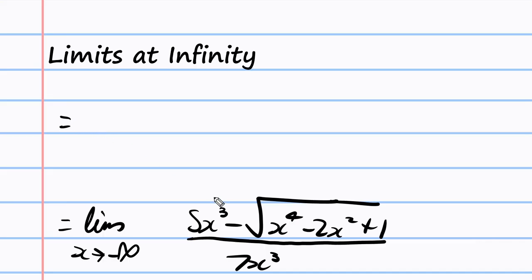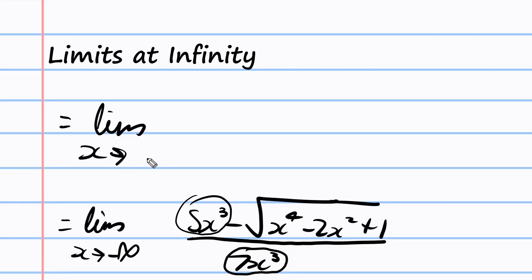So we're going to pick 5x cubed as the term with the biggest power in the numerator, and 7x cubed as the biggest term in the denominator. 7x cubed is the only term in the denominator.